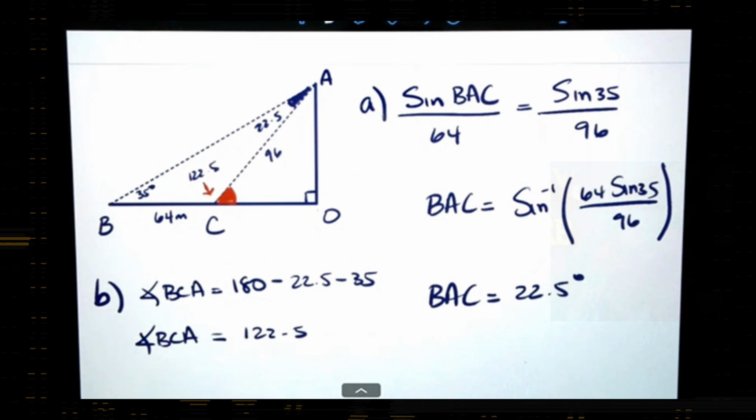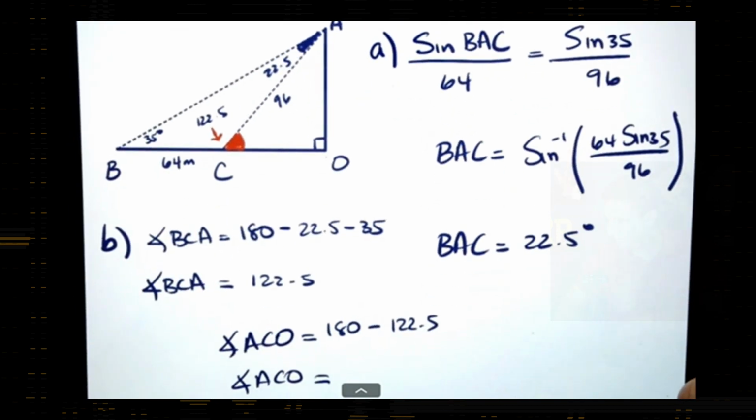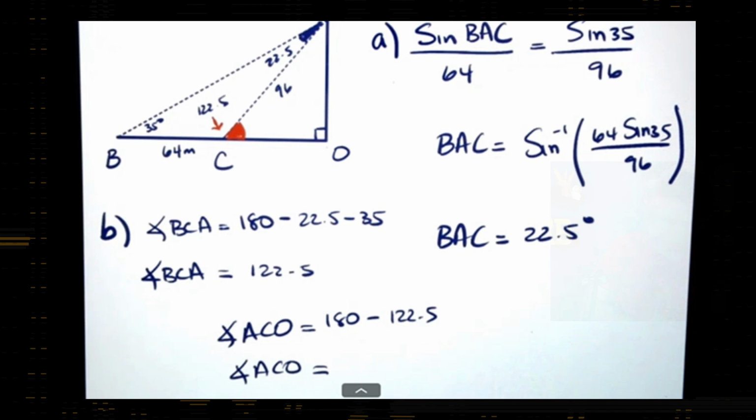So as I mentioned, this is 122.5, and it is the supplementary angle of the angle that is requested, which is ACO. So to find ACO, what I need to do is just 180 minus 122.5.